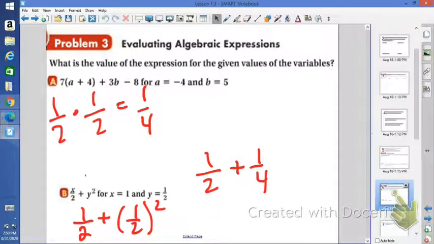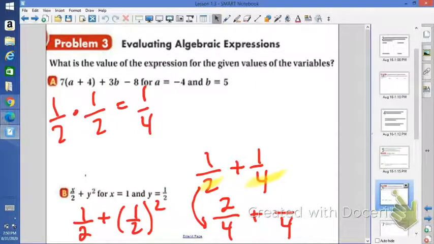Now, what does that equal? Well, we need to get a common denominator. If we look at 2 and 4, our common denominator is going to be 4. So 2 times what gives you 4? 2 times 2. So multiply the numerator by 2. You're going to get 1 times 2 is 2.